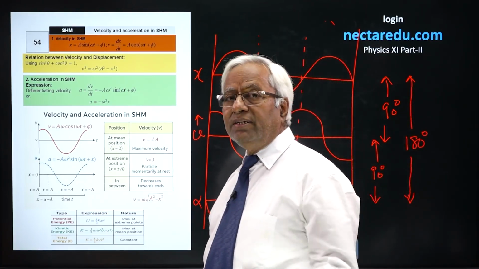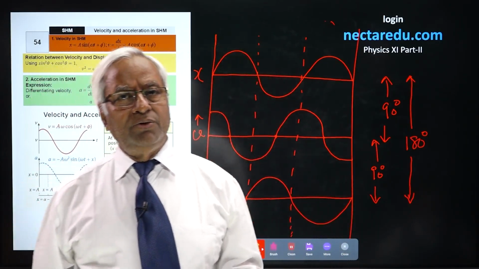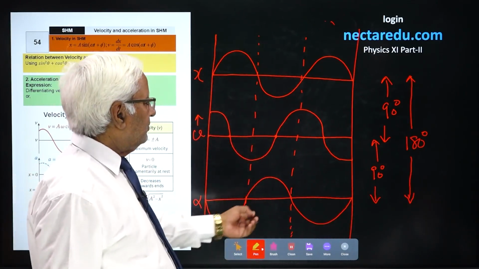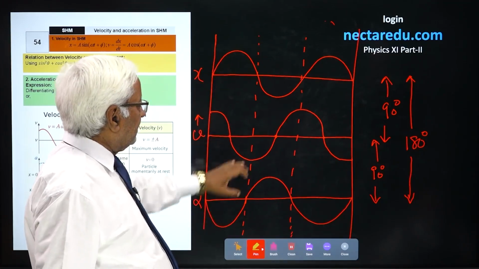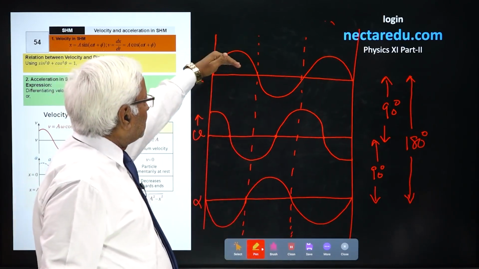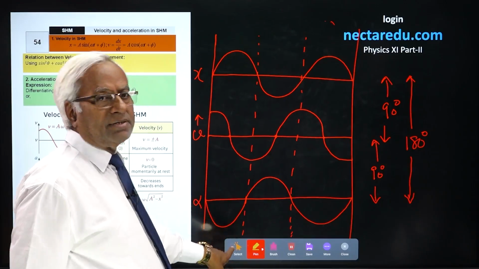You know, sine theta is used for x, and for acceleration we use minus sine theta, as I told you just a few minutes ago. Here you can observe that x and acceleration are exactly opposite to each other, meaning they can supplement each other. This is the positive side; in the same time span you see it becomes negative.